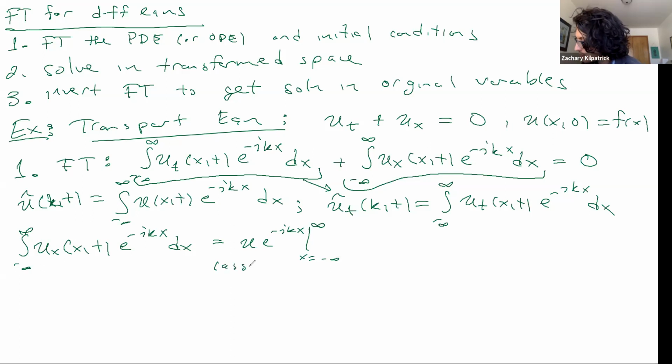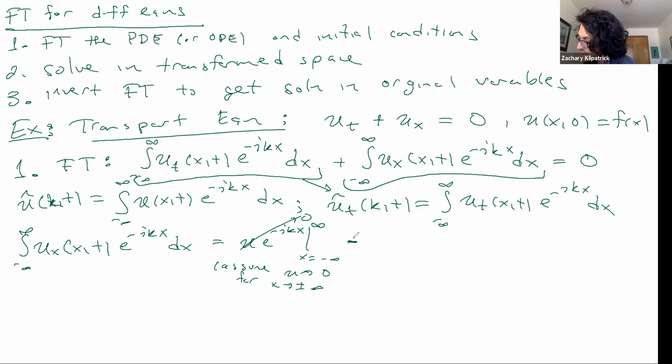If I assume u goes to 0 for x going to plus or minus infinity, then this will vanish, okay? And in addition, I'm going to subtract off the antiderivative of this term here, integrated, okay?